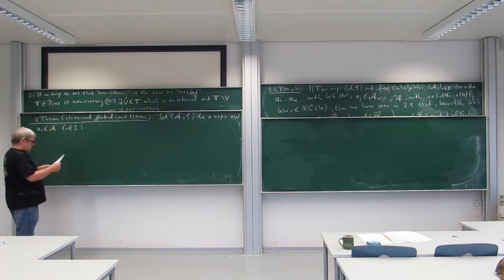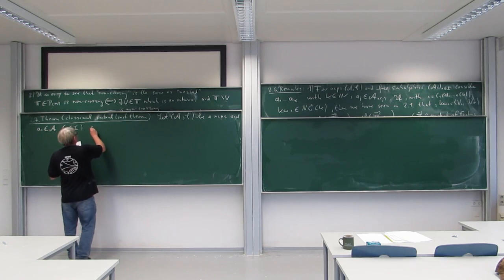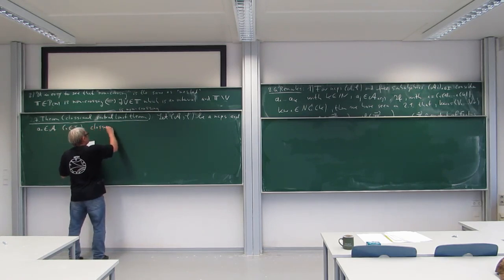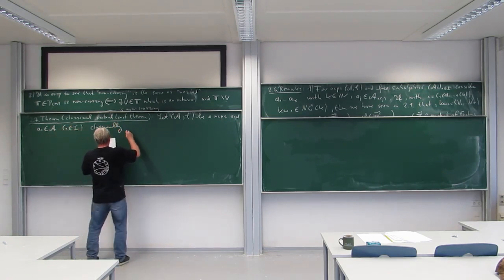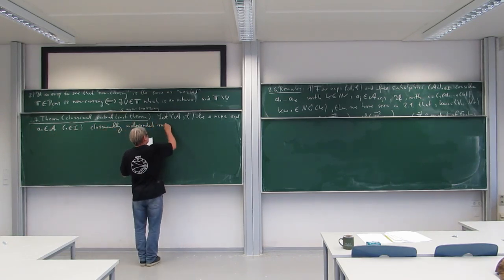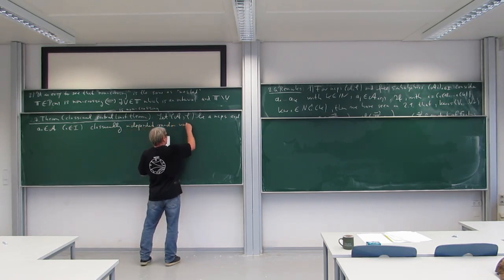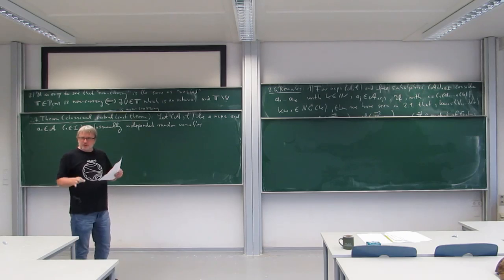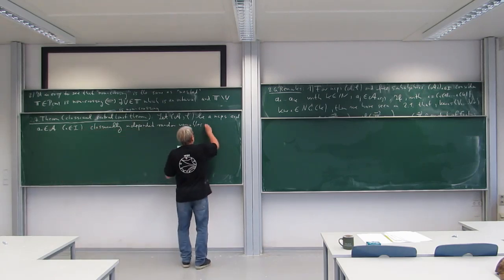Okay, so I have those random variables, and I assume now they should be classically independent random variables, and we more or less talked about this, but maybe let me write it down again what this means. Classically independent random variables.